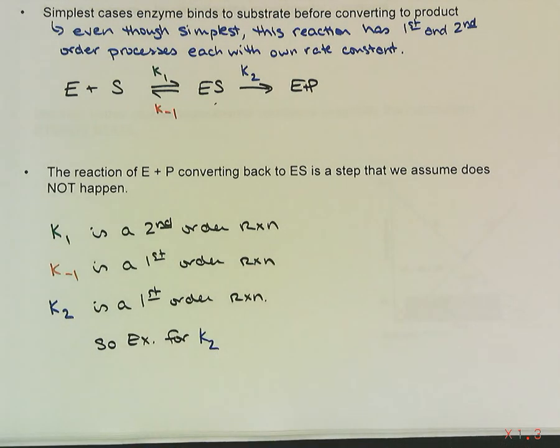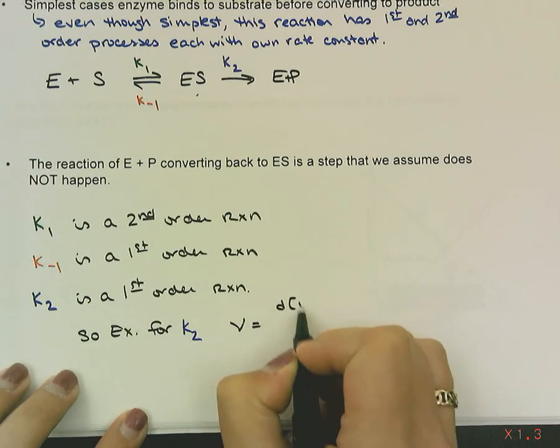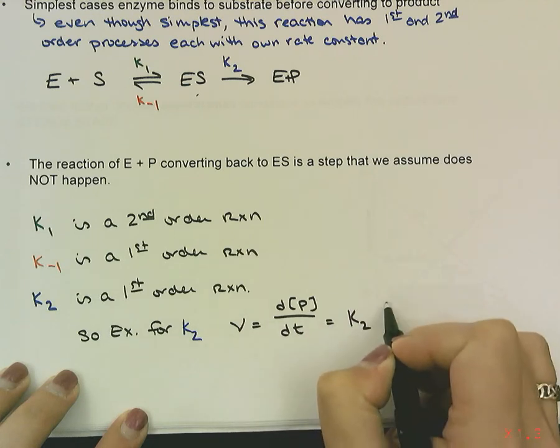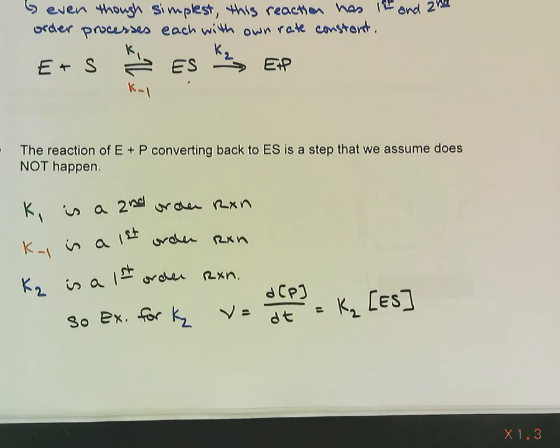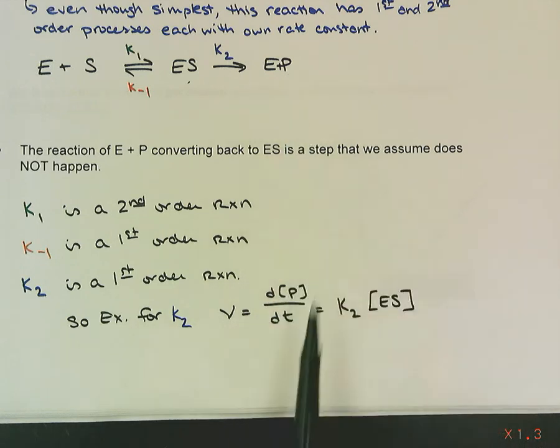So if we're looking at K2 and I want to write the reaction velocity equation for that, that would be a true statement for K2, that I'm measuring the appearance of product over time, but really I'm measuring the rate constant of that enzyme substrate concentration.